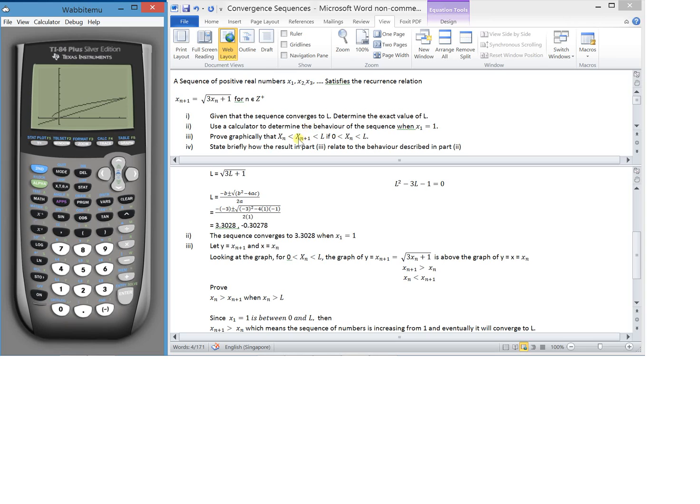Okay, where is the L graph? To plot the L graph, I just need to plot one graph. I go down, I press 3.3028 and then I graph it.